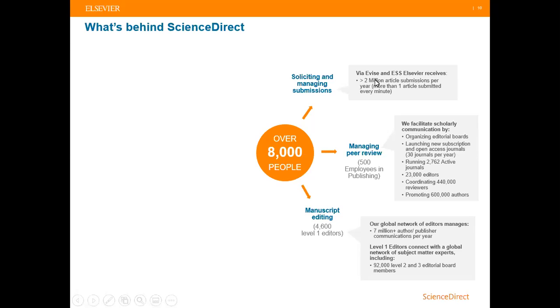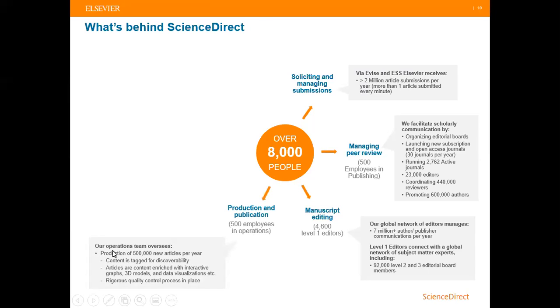We receive about 2 million article submissions per year. And how many are accepted? We accept about 500,000 new articles per year. So the acceptance rate is about 25%.